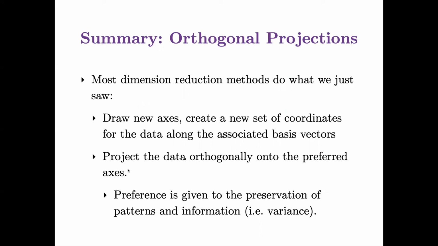And then the data is projected orthogonally onto the preferred axis. We'll get into more detail about what I mean there. But preference is given to the preservation of patterns and information, which is generally summed up in variance. Now, this last point is something we're going to spend a great deal of time talking about. So if it's not clear now, that is okay.